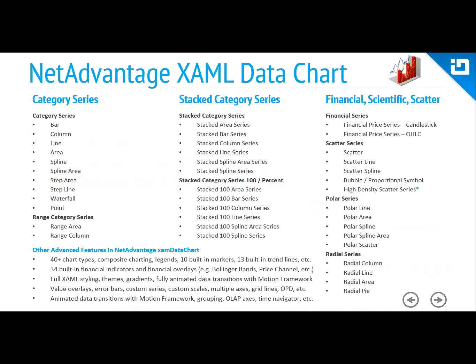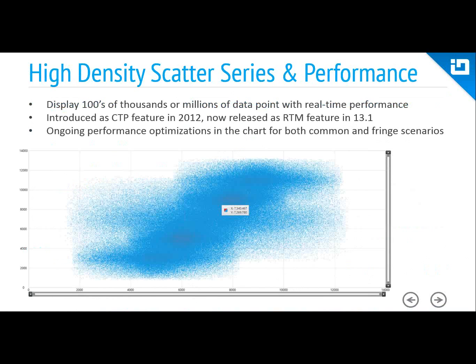So what did we do in our data chart for this release? Well, there's two very powerful features that we've added to the best data chart that basically got better. The first one is the high-density scatter series is now a full feature in the product. About a year ago, we introduced this as a CTP feature, or what we call a preview feature.